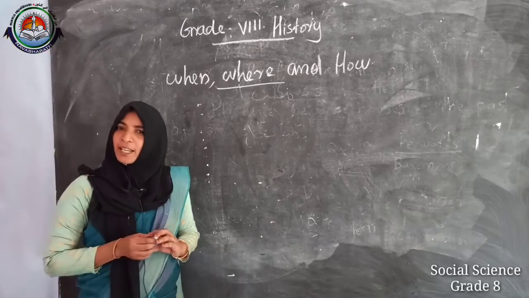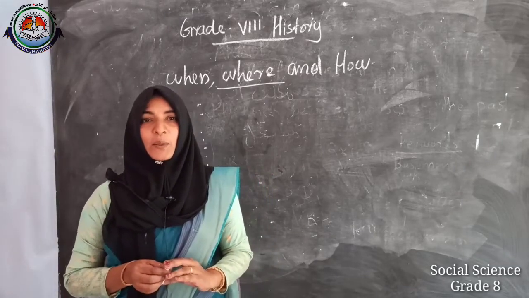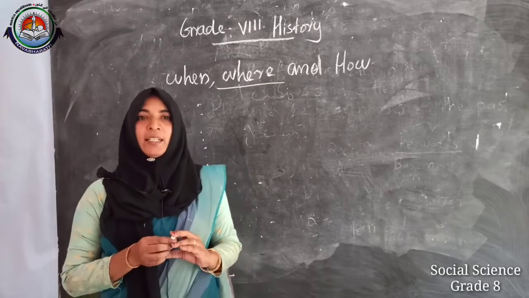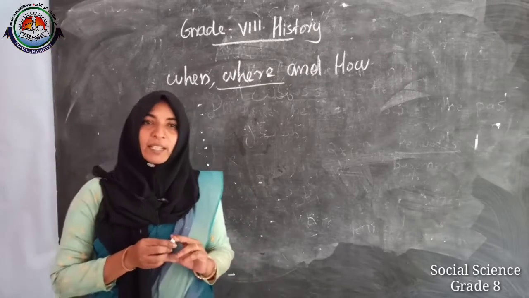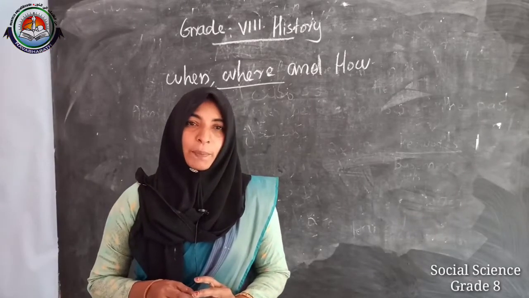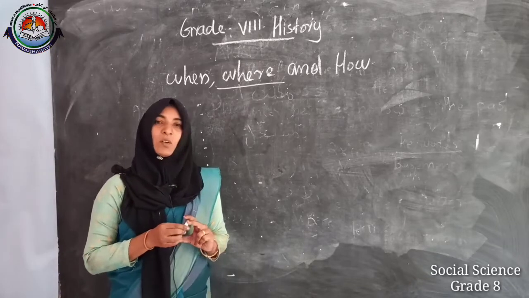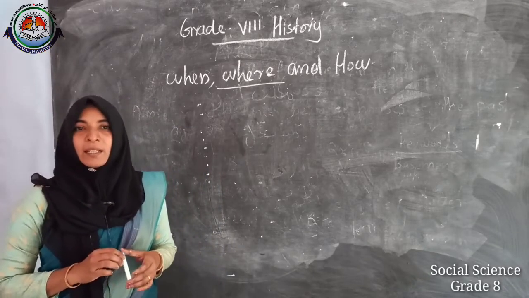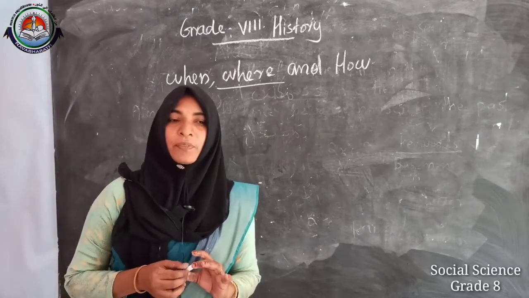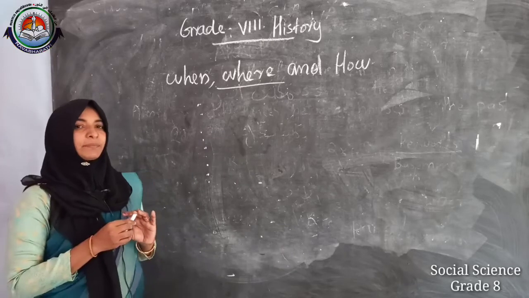What do you mean by history? History is a past event set in a chronological order. Then the classification of history. History is mainly divided into 3: prehistory, proto-history and history. The classification is done on the basis of evidences.